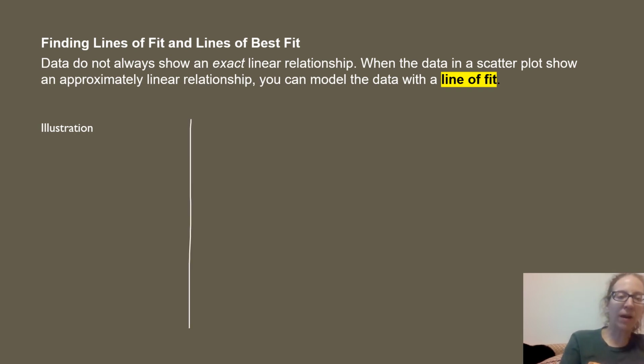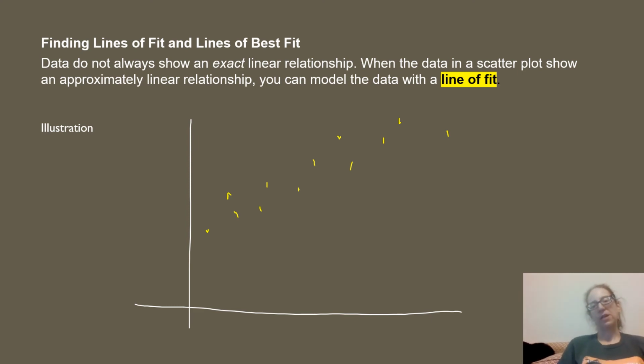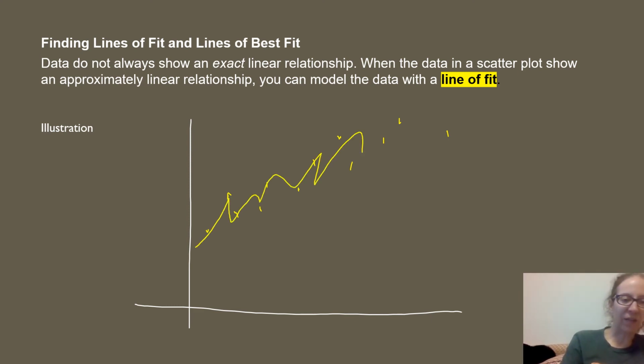So when we're talking about a line of fit or a line of best fit, you might have data that is sort of like a line, but it's just not perfect. Okay. And so what we don't want to do with this is start going like this. That's not how that works.